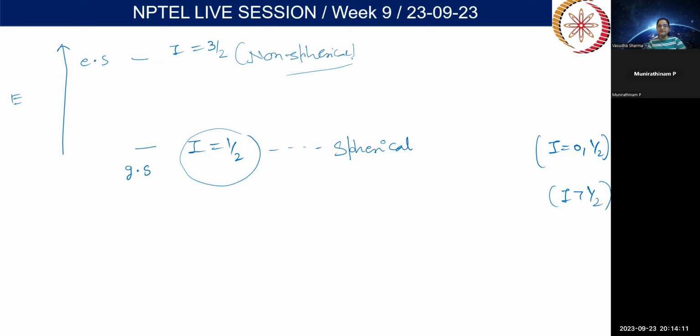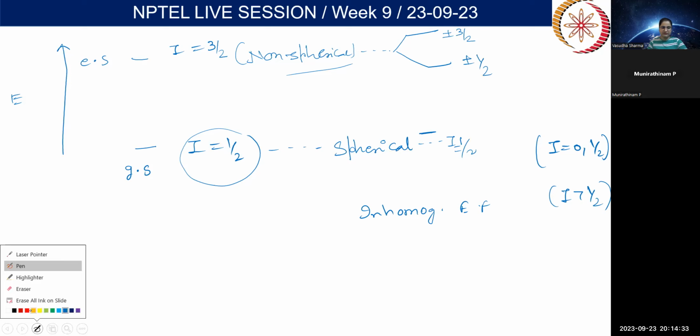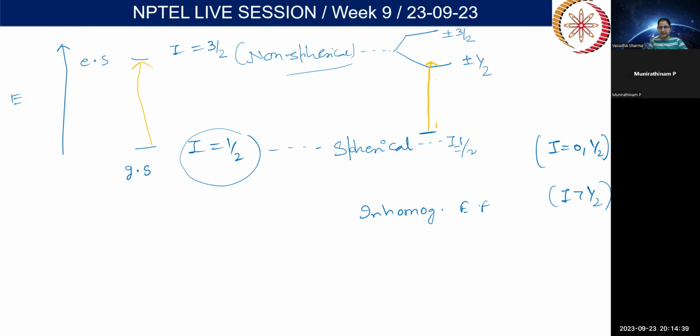And if I am giving an inhomogeneous field, this 1 by 2 state is going to be constant because anyway it is spherical. But here, because of the inhomogeneous field, the 3 by 2 state would split into plus minus 3 by 2 and plus minus half. Therefore, earlier we had one transition, just from this to this. Now it would have two transitions, here and here.